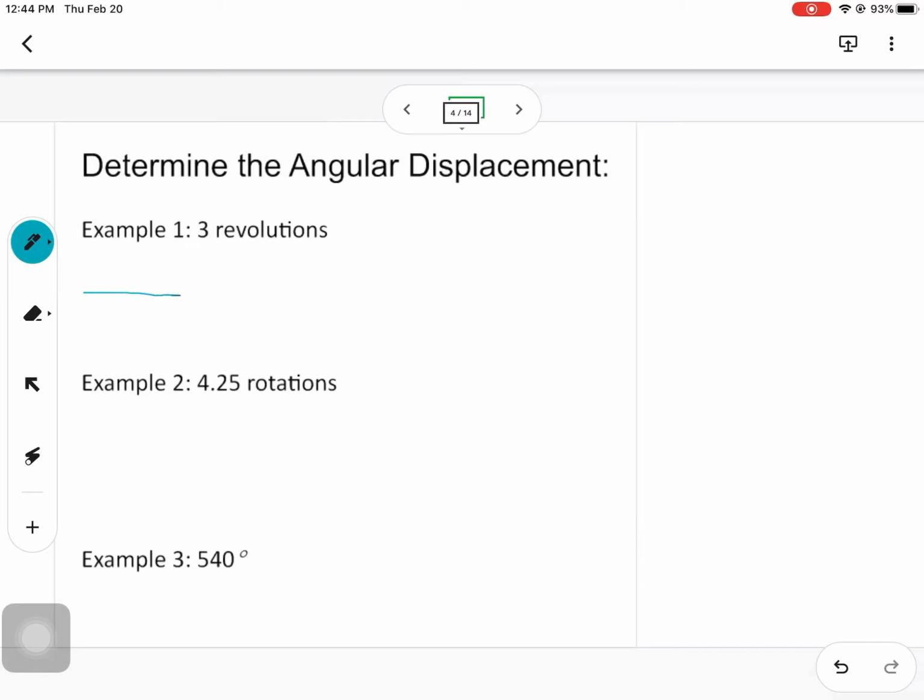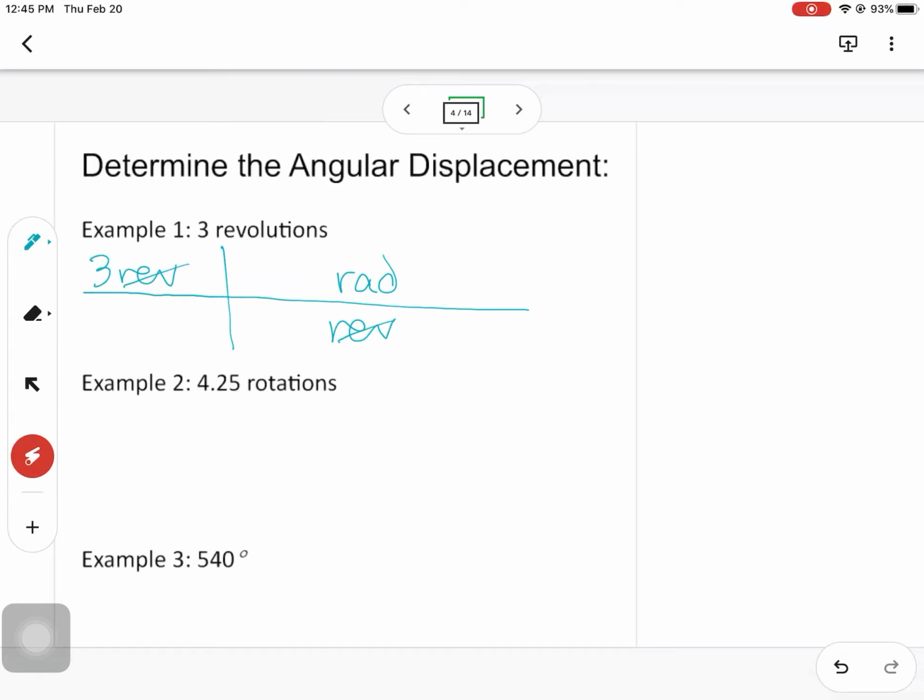When we do stoichiometry, you draw your line, and we're going to place what we're given over here, the 3 revolutions. And each section of this, you can have multiple, here we're just going to have one, is going to be my conversion factor to get from revolutions into what I want it to be. An angular displacement always needs to be in radians. What I think about when I do this is I need to cancel my unit of revolutions. So I'm going to put revolutions down below so that these units will cancel out, and my units will instead be in radians.